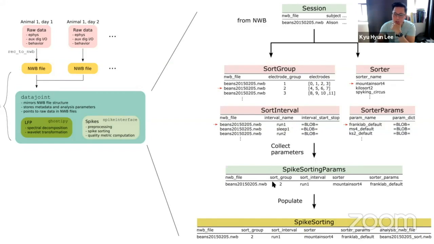So here the user has decided that they want to sort the second tetrode from the run one session, using MountainSort and this parameter set. So they just enter this into the spike sorting params table and then call this populate method, which under the hood calls SpikeInterface functions to run spike sorting and then saves the results in a new file.